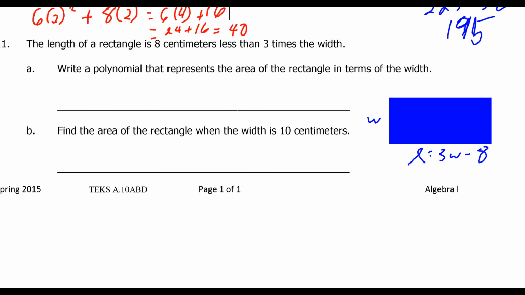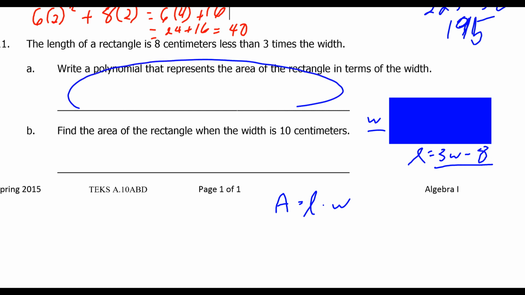So as we already know, area equals length times width. That's something that we should know off the top of our heads. So we're going to take this value right here, multiply it by that, and that will give us an answer for right in here. So we're going to go A equals 3w minus 8 times w, and we're going to send this w across to the 8 and across to the 3w.